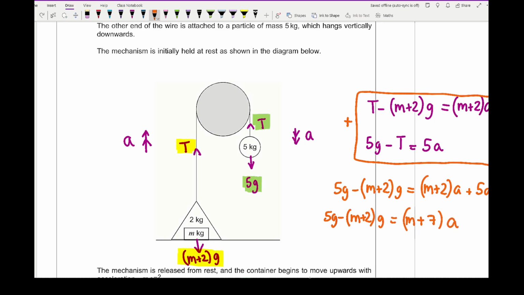So combining the 2 and the 5, this 2 and this 5 would give us 7 lots of a, and the m lots of a can stay as it is. And then if we look at combining the 5 minus 2, that would be 3 lots of g minus m lots of g.